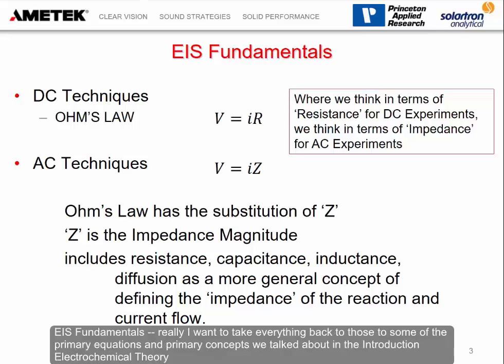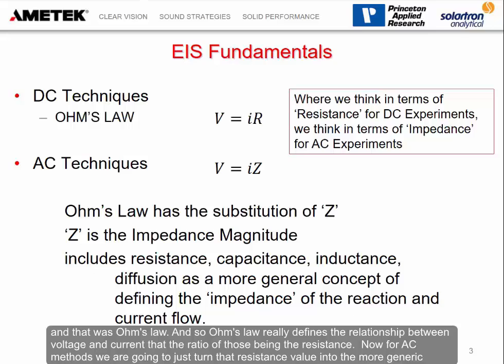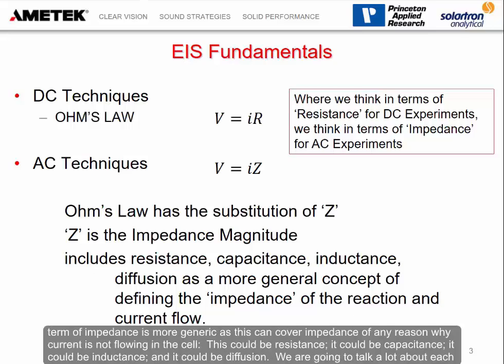So the EIS fundamentals really want to take everything back to some of the primary equations and primary concepts we talked about in the introduction to electrochemical theory, and that was Ohm's law. And so Ohm's law really defines the relationship between voltage and current, the ratio of those being the resistance. Now for AC methods, we're going to just turn that resistance value into the more generic term of impedance.